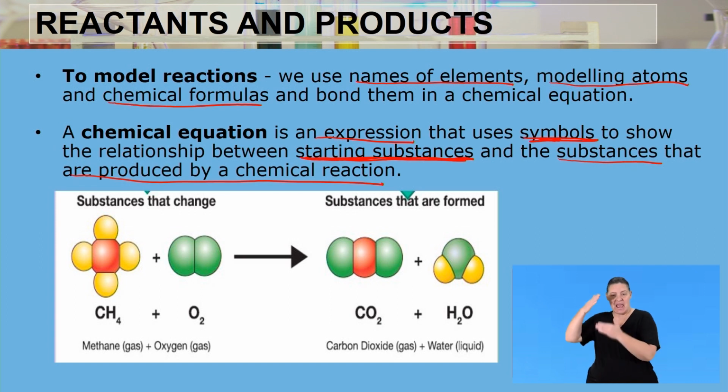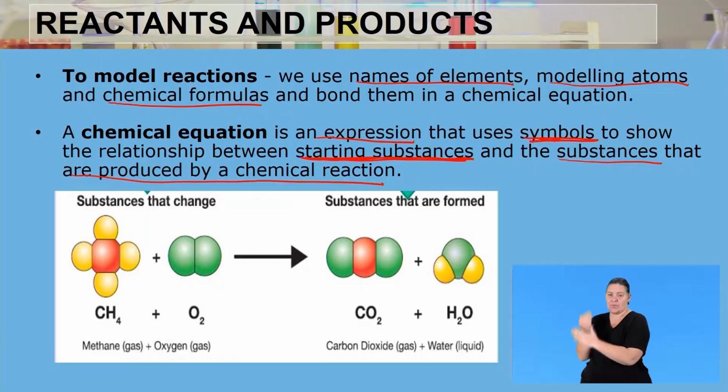The products come at the end of the reaction. The starting substances need to break the existing bonds and form new bonds, and only then can you form the products.